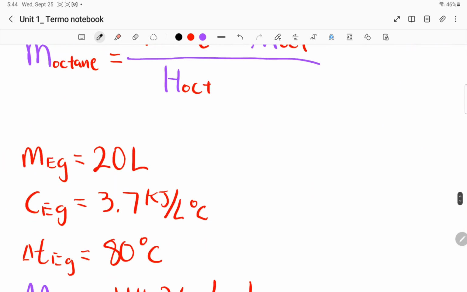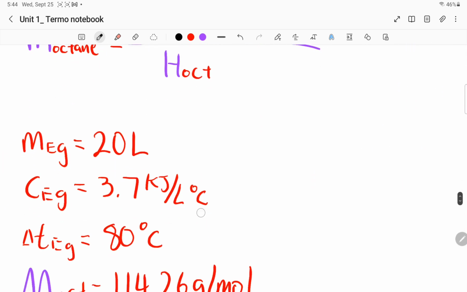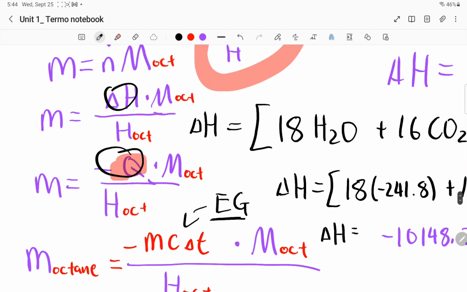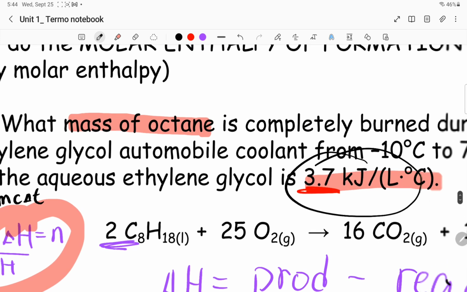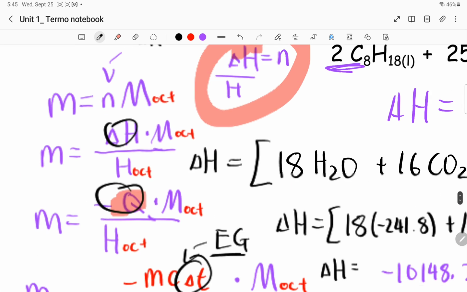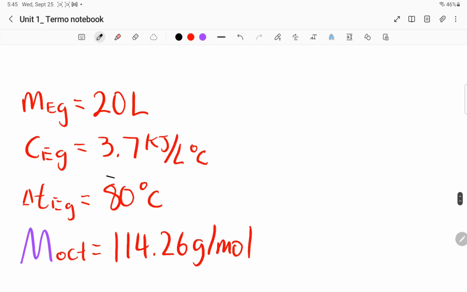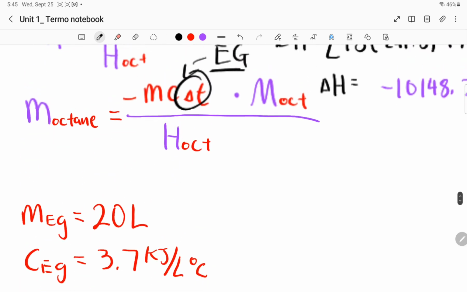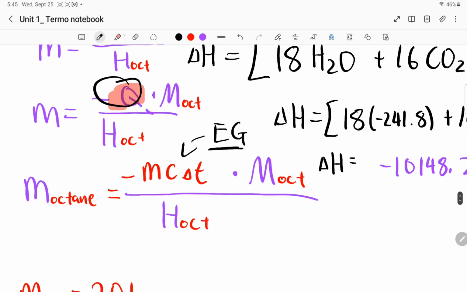Our delta T of the ethylene glycol, again in the question, states it's from -10 to 70 degrees. So you do 70 minus your -10, you get 80 degrees Celsius. That's your change in T, delta T. We have that number here.